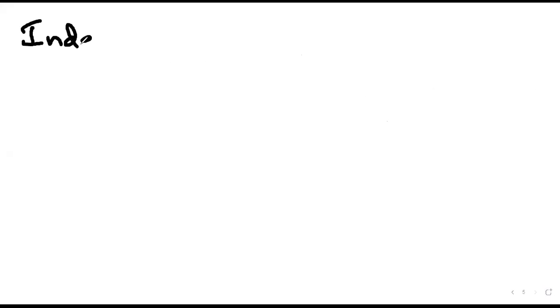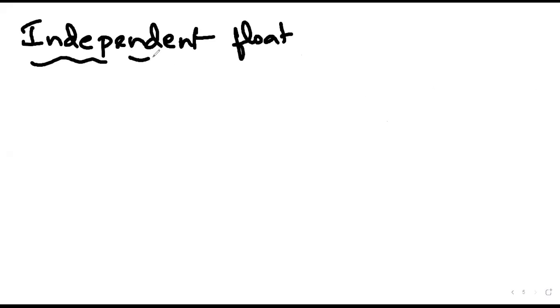So this is another type of float that is called independent float. Let us consider one example, and then we'll try to understand what exactly the independent float is.